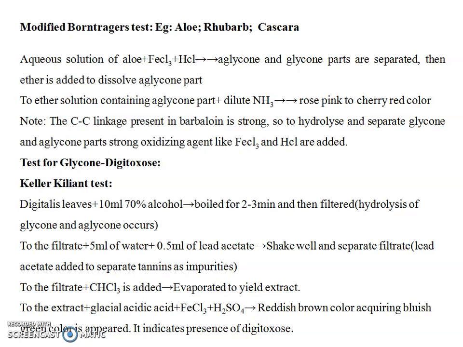Mostly they do not ask the unnamed reactions. They are going to ask most of the time the named chemical tests. So focus on those chemical tests which are named, like Legal test, Baljet test, Keller-Kiliani test, Borntrager test, modified Borntrager test, Thalleioquin test. So remember all the named reactions very well. Okay, so I hope everyone is clear with these chemical tests.